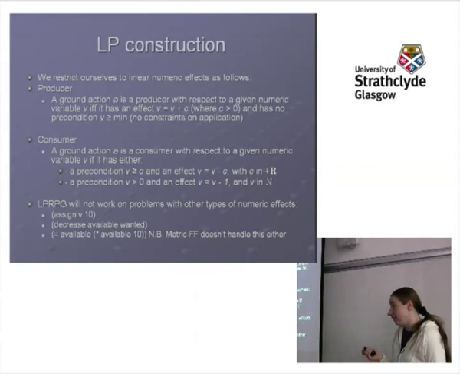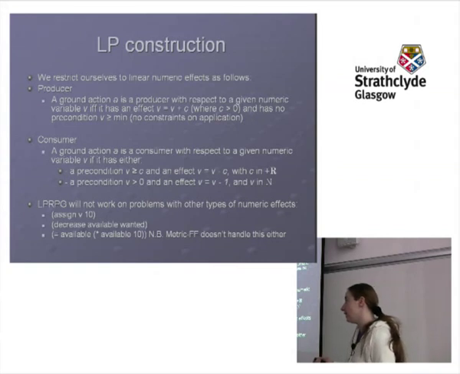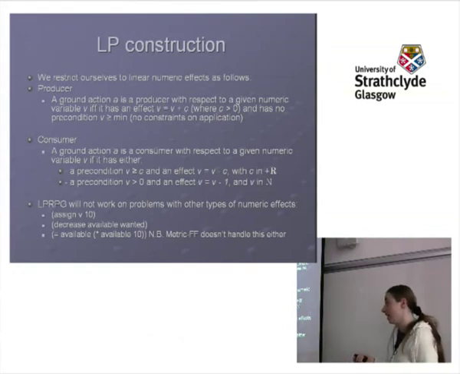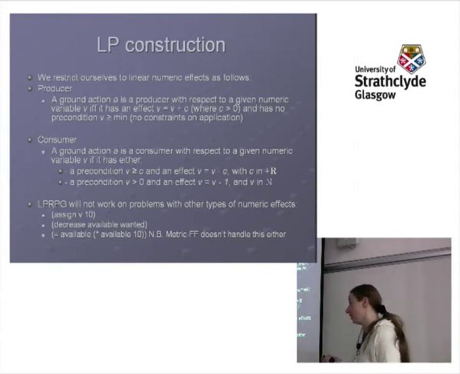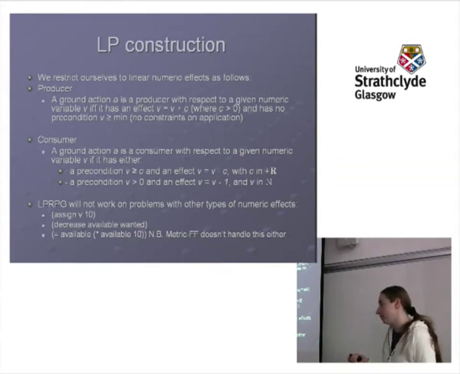So just to say, you cannot use LPRPG with problems with other types of numeric effects. So assignment effects, we can only handle one very special case of those, which I may get onto later. So assign v = 10 is not a linear effect. You can't put that in a linear program, so we can't handle it. The second one is decrease available by wanted.